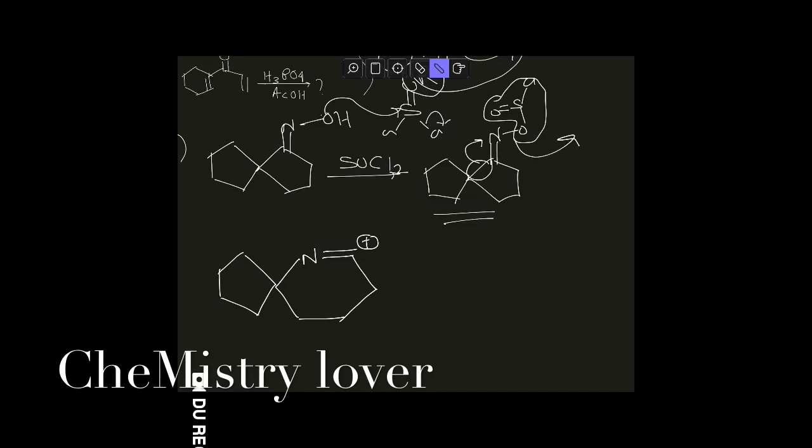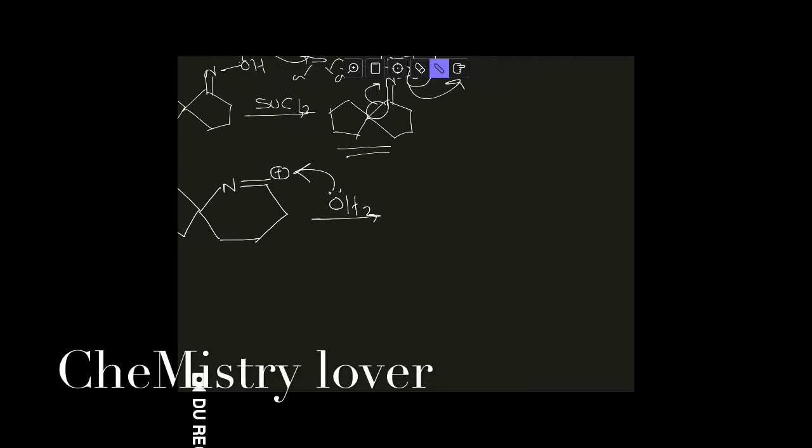Now a water molecule is present, so water will attack over here. So next this thing will generate: here you have nitrogen, here you have a double bond, and here you have this OH, since water attacks.